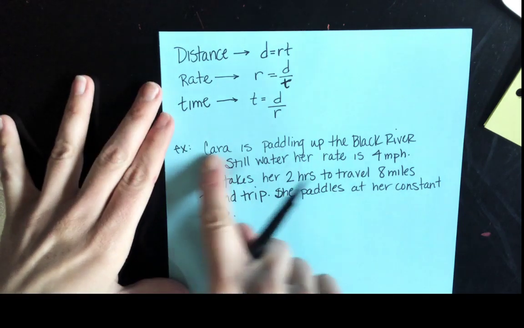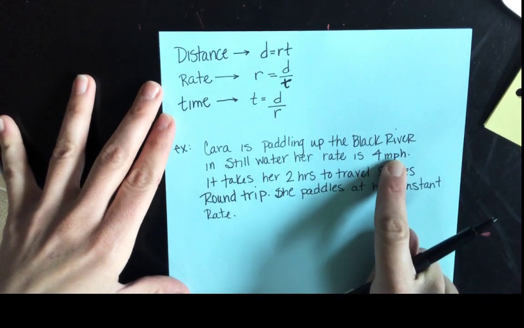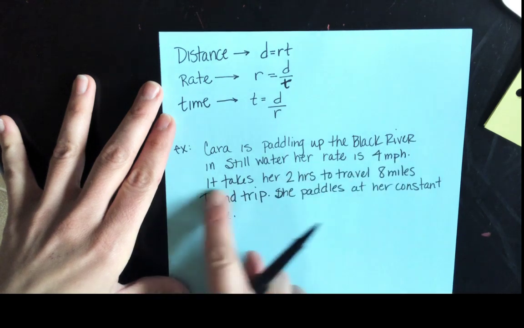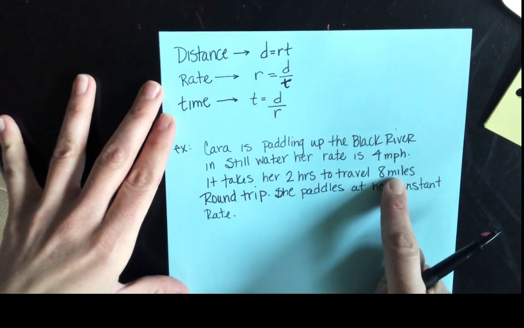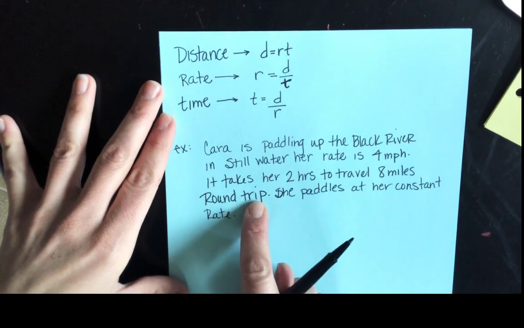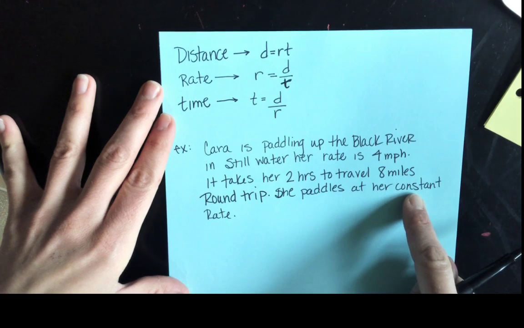So we have that she's going to be paddling on the Black River, that we do know what her speed is. And it's going to take her 2 hours to travel that 8 miles round trip. She's going to paddle at her constant rate.